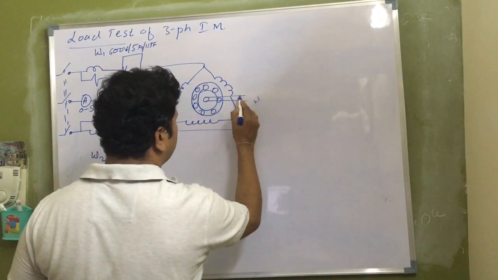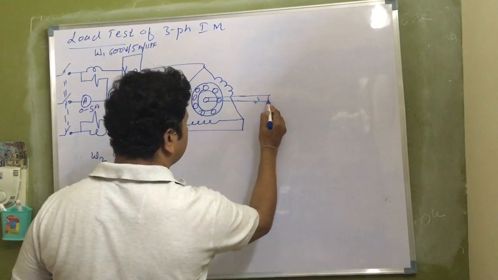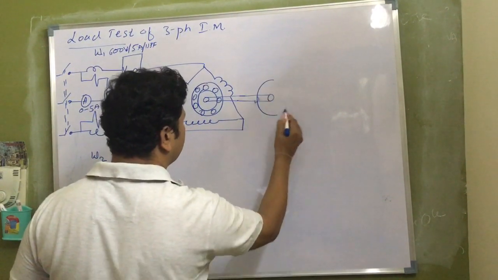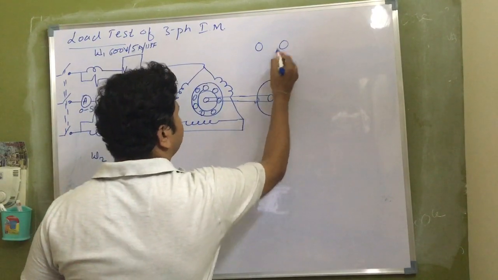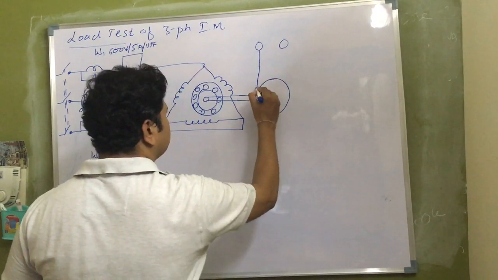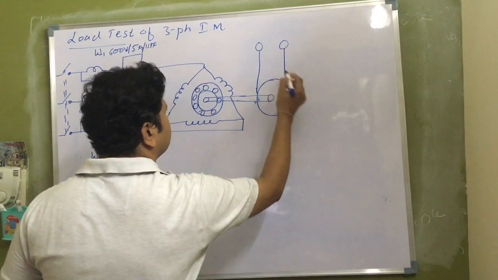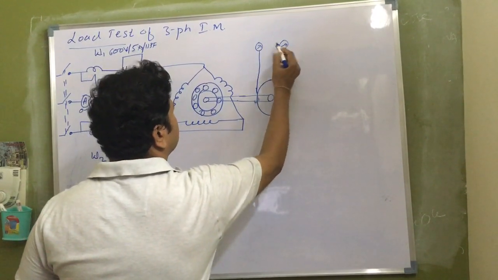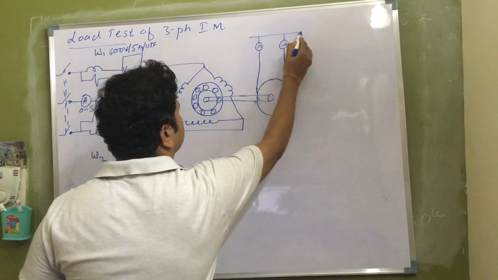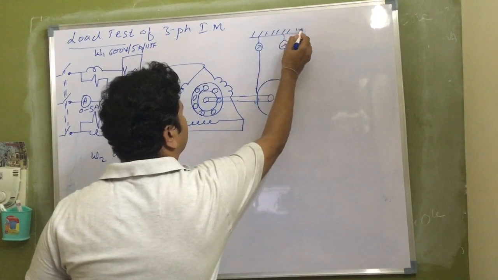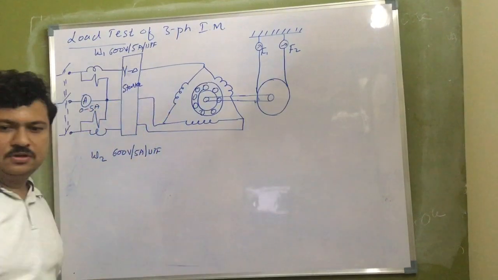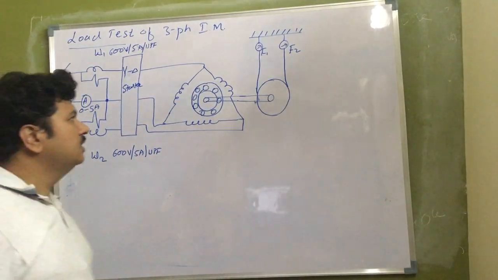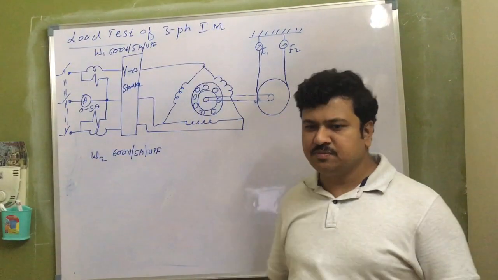We will be doing the load test, so therefore I will be using the mechanical load, the brake drum arrangement, and we have two spring balances. Let these be F1, F2. So this is our arrangement for conduction of this experiment.